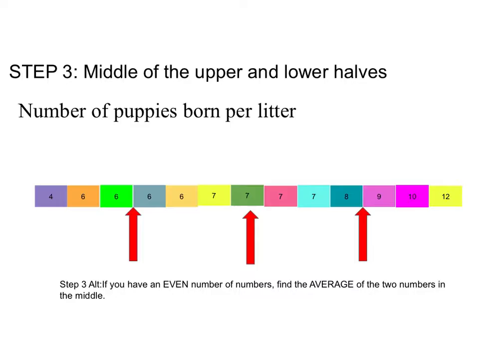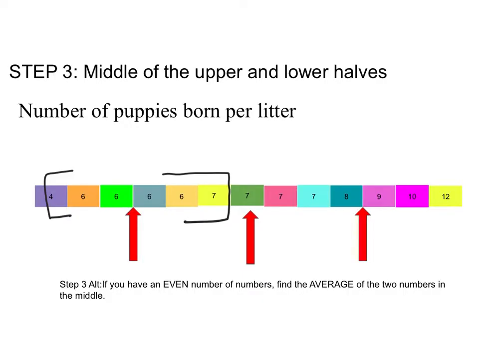Step 3. Find the middle of the upper and lower halves. So here is the lower half of my numbers, which includes 6 numbers. Because I have an even number of numbers, I'm going to find the average of the 2 middle numbers, and that is going to be the value I'm looking for.